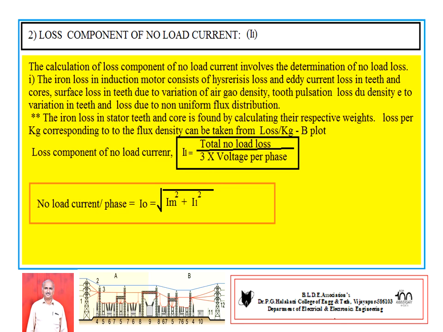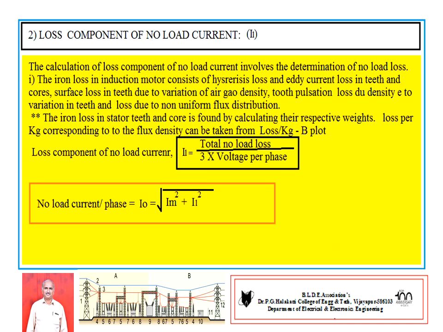So finally we are going to get the loss component of no load current equal to total no load loss divided by 3 into voltage per phase.